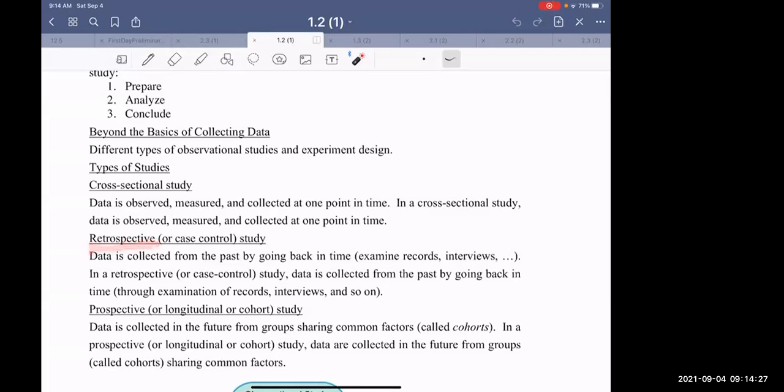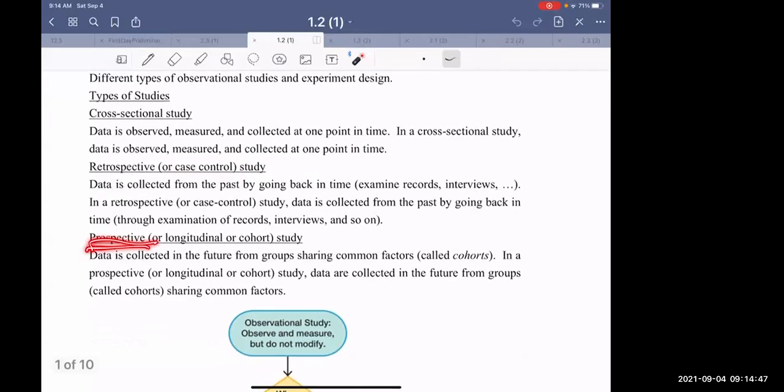It is retrospective. We're looking backwards in time. We're asking, what did you guys do for the past 12 years? What have you guys been doing with yourself for the past 20 years, 30 years? Retrospective.